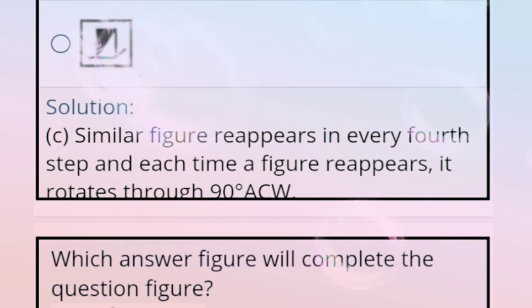And seriously guys, these questions are very easy and this is from reasoning. Okay, now come to the next question here, and we are also giving the solution. A similar picture appears in every fourth step and each time a figure reappears, it rotates through 90 degrees anti-clockwise.